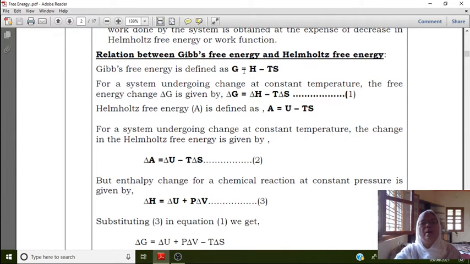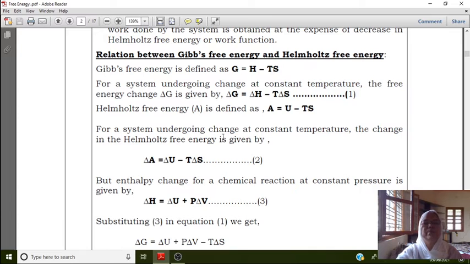Here you have studied the expression of Gibbs free energy as G is equal to H minus TS, and for a system undergoing change at constant temperature the free energy change delta G is given by delta G is equal to delta H minus T delta S. Helmholtz free energy is defined as A is equal to U minus TS.